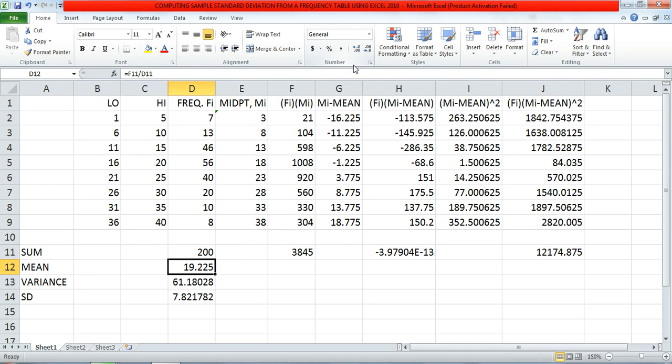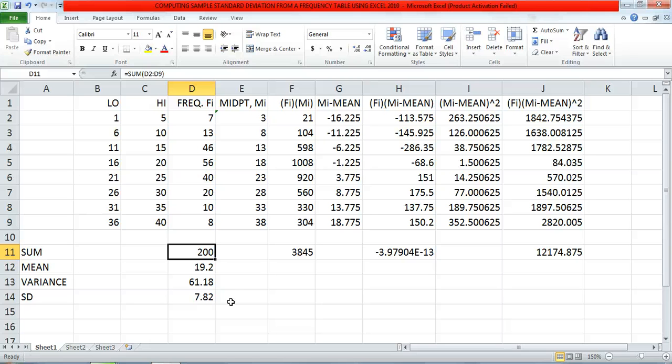Here my mean, I'm going to reduce this by 1, 19.2. Variance and standard deviation should have 1 extra decimal point. So there you have it. The standard deviation of these 200 data points is 7.82.